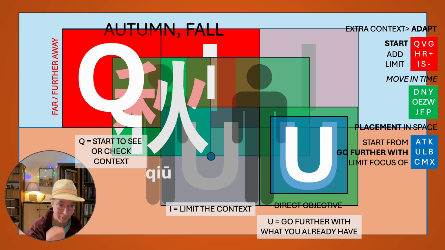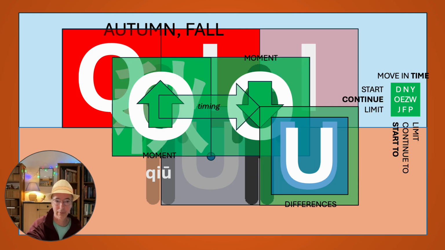That's what the letters are about. Give attention to that aspect. And the last letter, the U, is about the placement. You only have a real placement, you have the objective placement now, and you say basically, now we go further with what we already have.